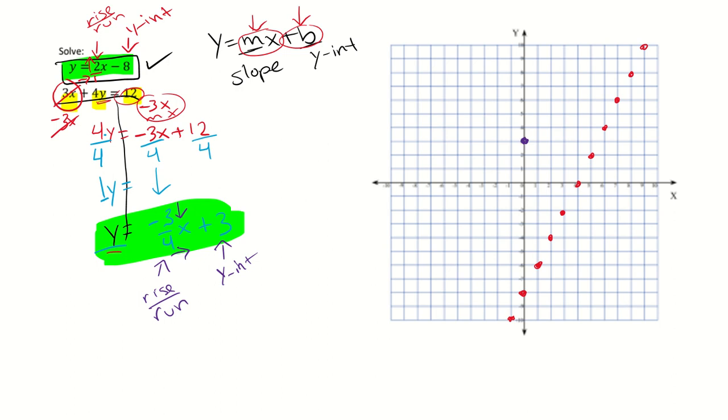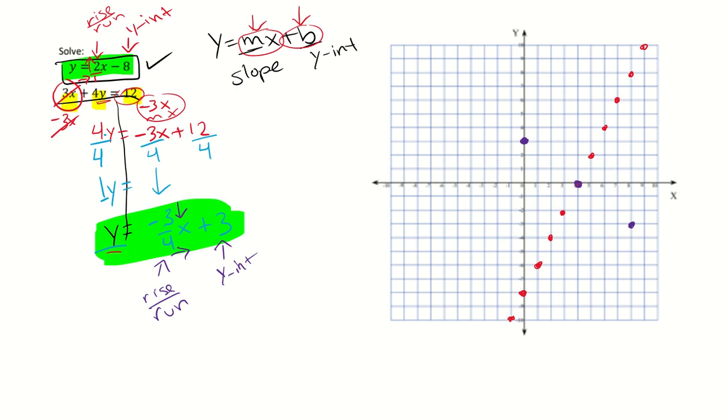From this point, positive 3, we're going to move down 3, 1, 2, 3, and then across 4, 1, 2, 3, 4. And again, you put a dot, but you don't have to trace the loops. Just put the dots. The next point will be right here.